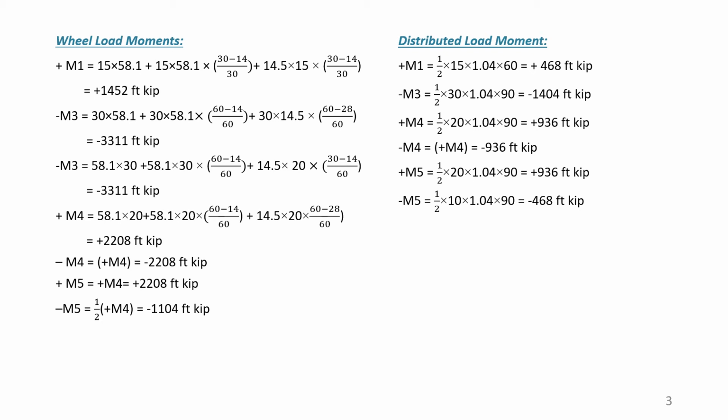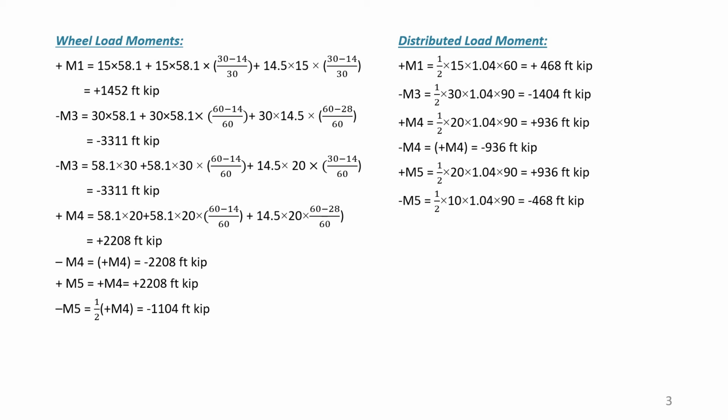And for plus M4, for distributed load, half the triangle is 90 feet and the load is 1.04 kip, and the maximum ordinate is 20. It's a triangular shape, and that gives us an arithmetic value of plus 936. The other one is a similar triangle, only the sign is negative. That's why minus M4 is minus 936, and M5 is again similar to M4.